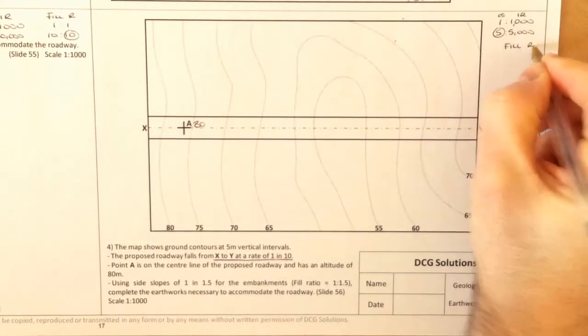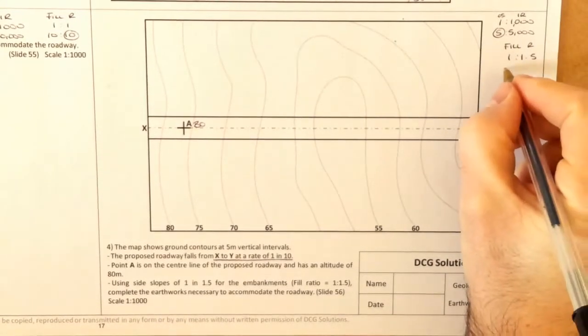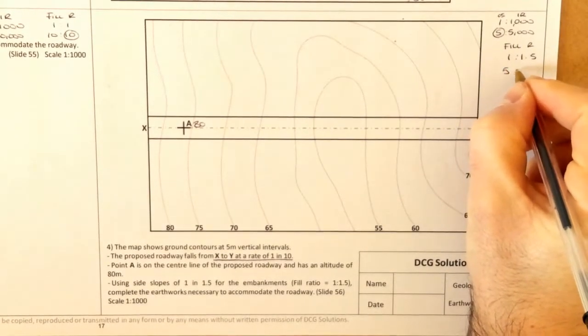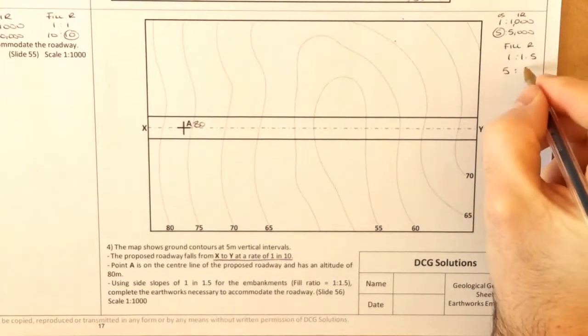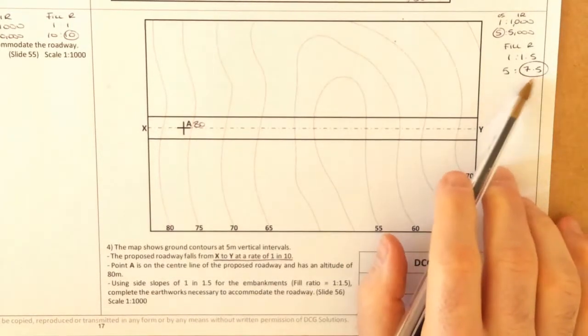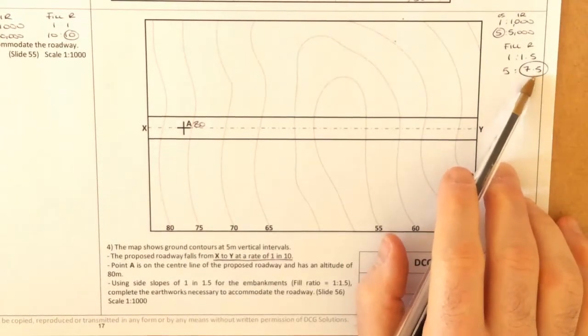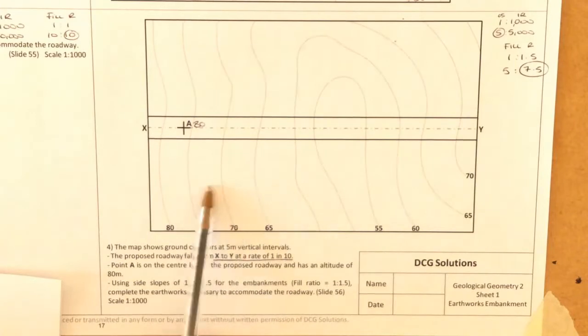So my fill ratio is 1 is to 1.5. So 5 times 1, so for every 5 metres I step down in height, I'm going to step out 5 times 1.5, 7.5 metres. So that's going to be the measurement. Okay, 7.5 millimetres, sorry, is going to be the measurement I step out for getting my contour heights of where it intersects with the contours.